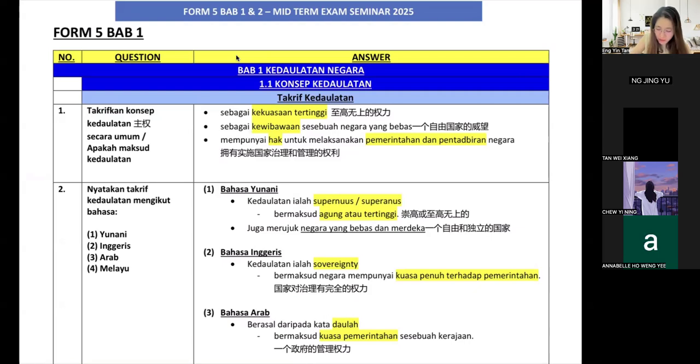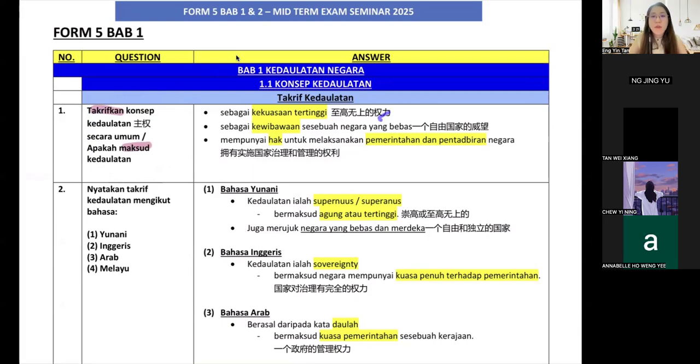I'm gonna use pink color so it will be more obvious. Everybody, you can look at the nota I provided, because I want to make sure all of you are able to score in your exam. I'm very straightforward: I give you notes in question and answer form, and you memorize the answers.